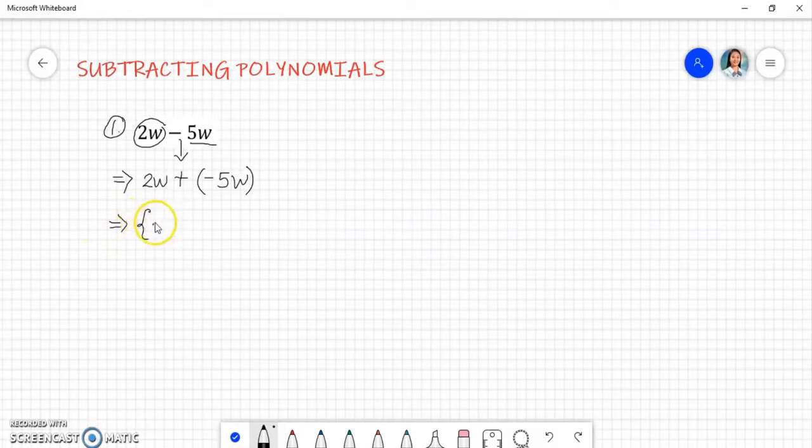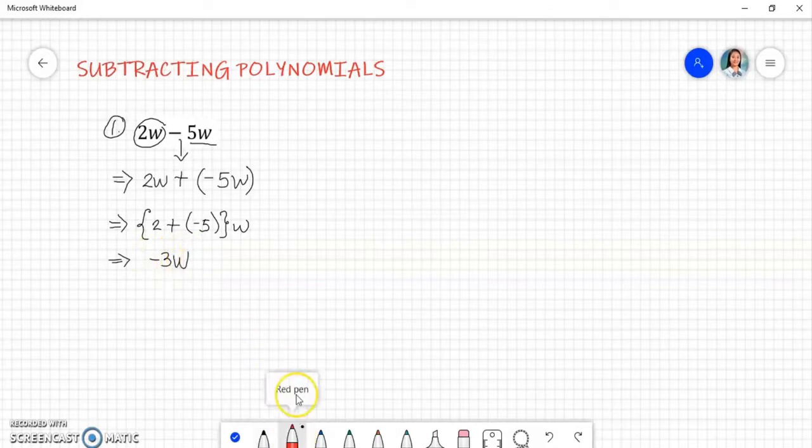Again, separate the numerical coefficients 2 and negative 5, and copy the like variable w. 2 plus negative 5 is, yes, you're right, that's negative 3, copy w. And that is now your answer.